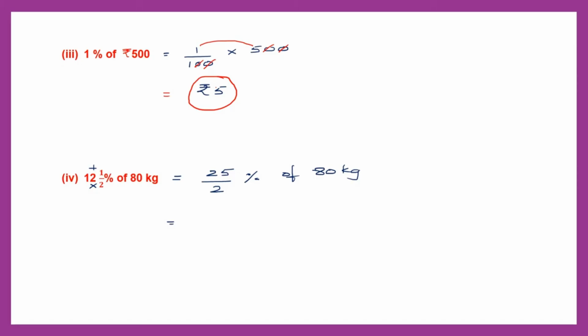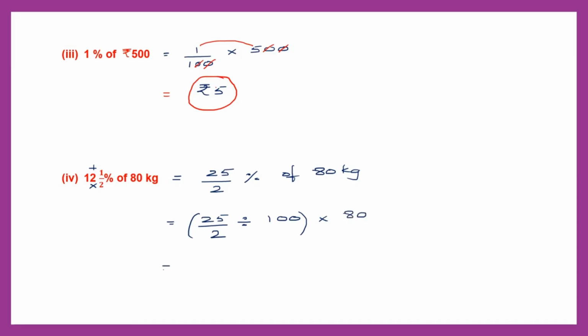So remember it's division. So 25 by 2 by 100 means division by 100, isn't it? So let's put it this way. I'm doing only this part where we have 25 by 2%. So it is 25 by 2 by 100. By 100 means division. So I put it this way to make it easier. So now this whole thing, of means into, and then we have 80.